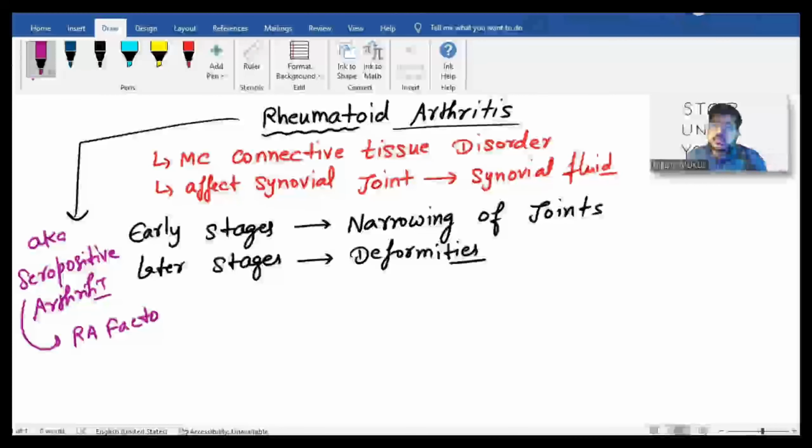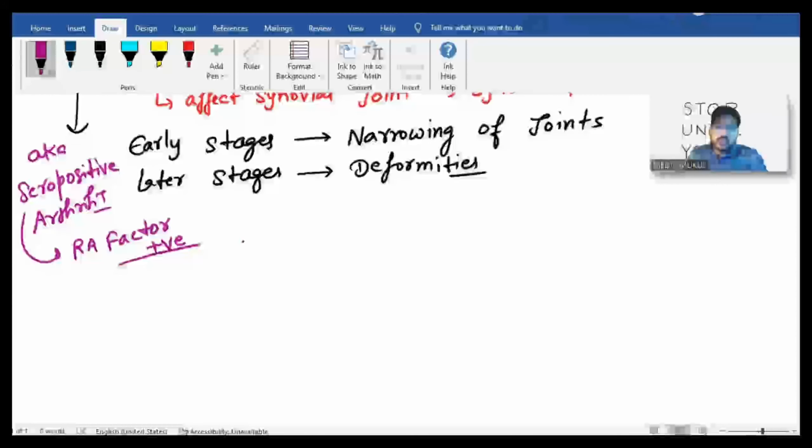But rheumatoid arthritis is seropositive arthritis, which means the rheumatoid factor will be positive.